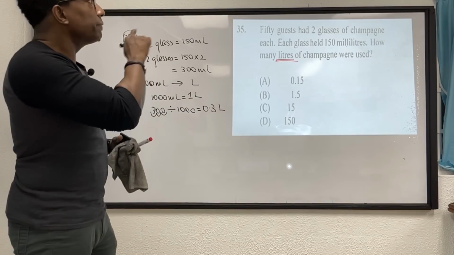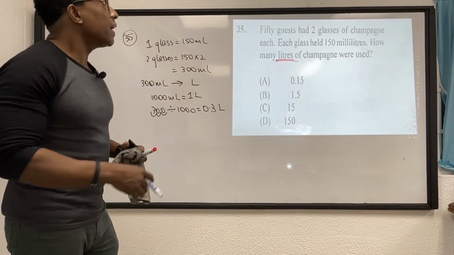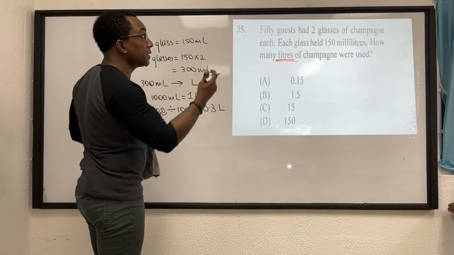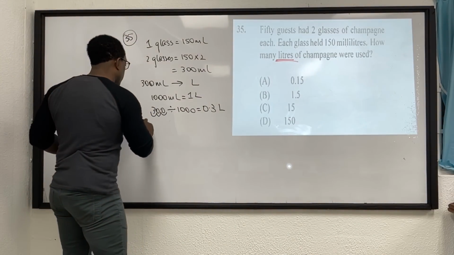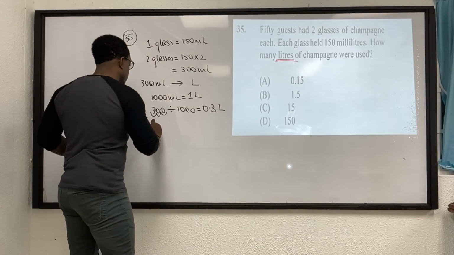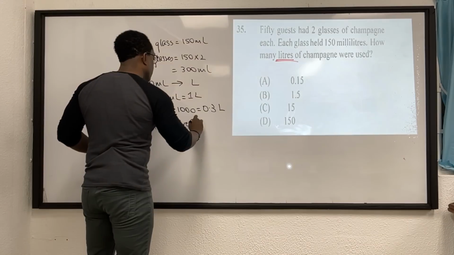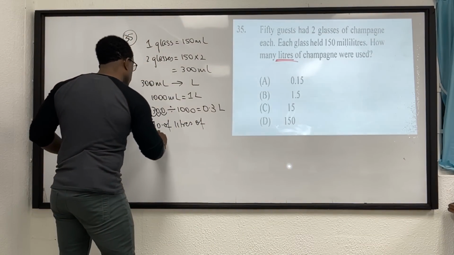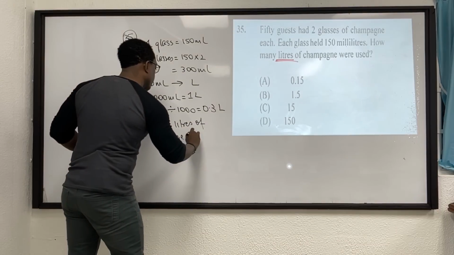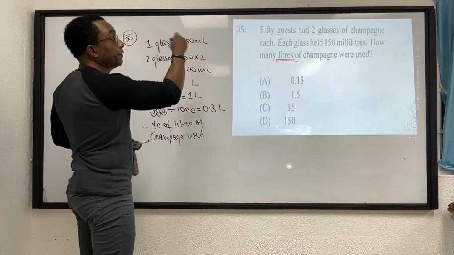And you had 50 guests. The question asks how many liters of champagne were used in all. You had 50 guests, each had 2 glasses of champagne. So therefore, the number of liters of champagne used will be to multiply 0.3 liters by 50 guests.